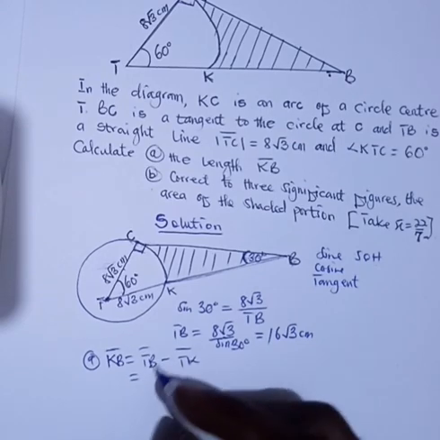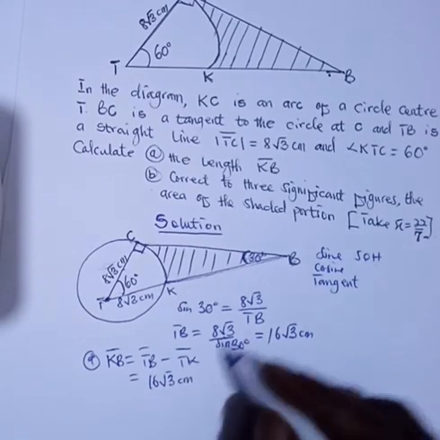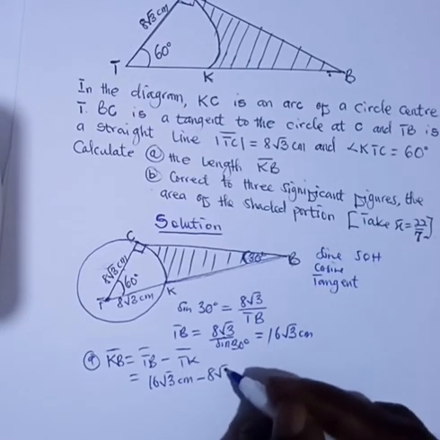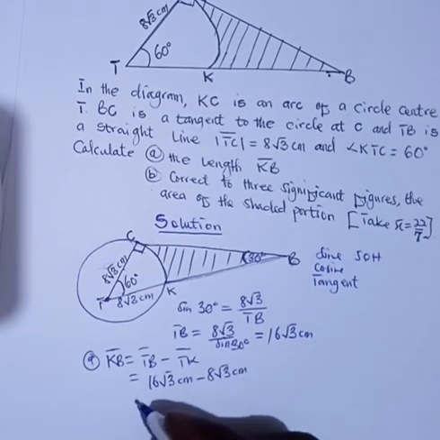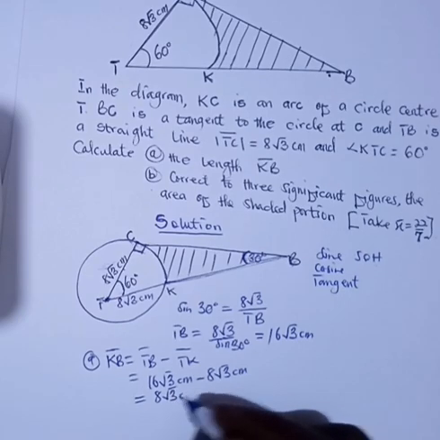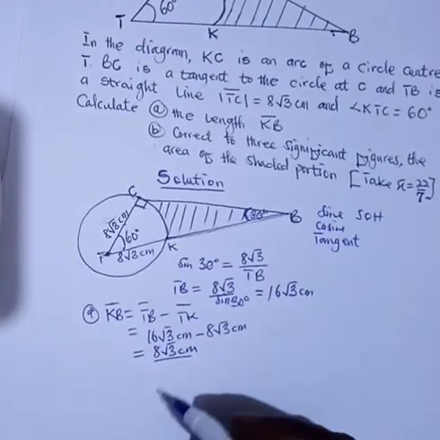So we have TB as 16 root 3 centimeters minus TK, which is 8 root 3 centimeters. So this gives us 8 root 3 centimeters. Good. So that answers our first question.